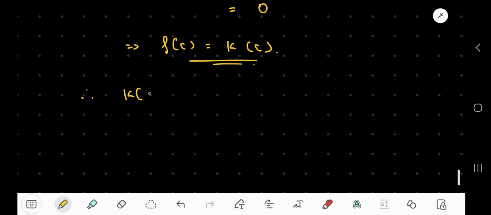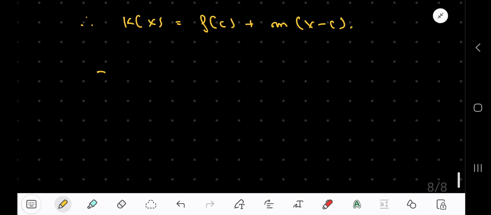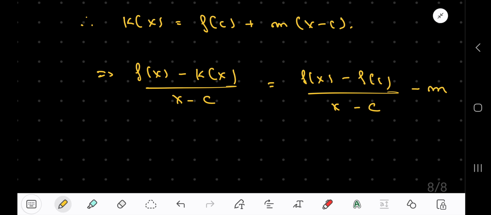Therefore, I can write K of x as f of C plus some slope m times x minus C. Fine. But then again, what is f of x minus K of x by x minus C? This is exactly equal to f of x minus f of C by x minus C minus m.